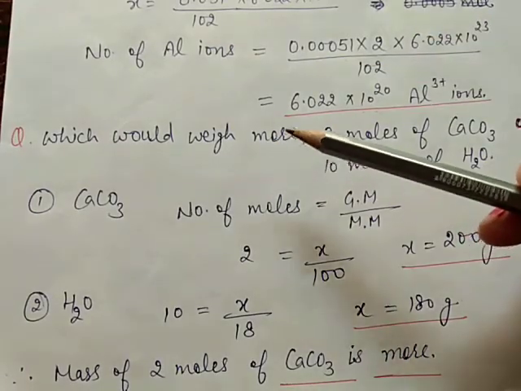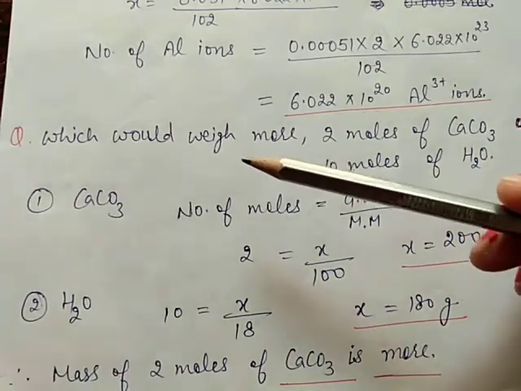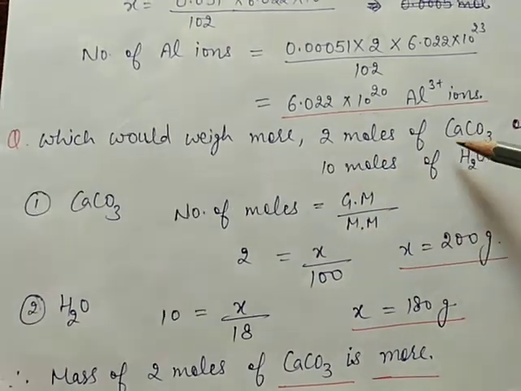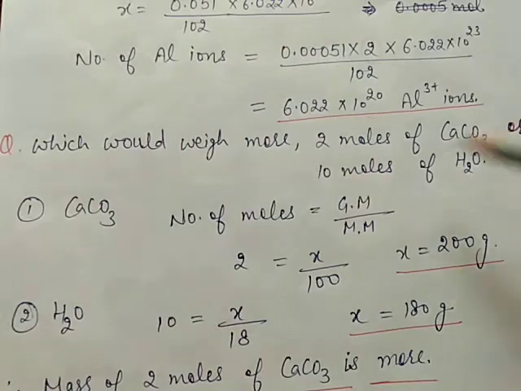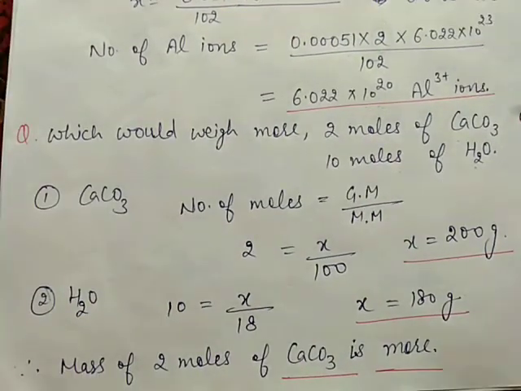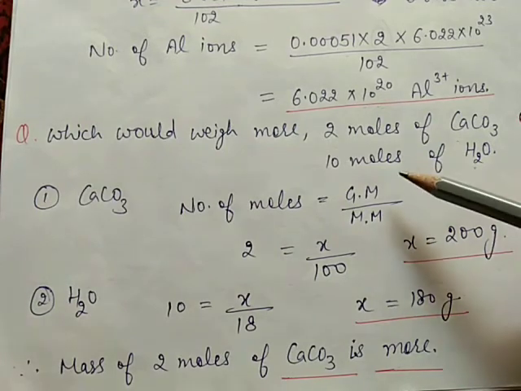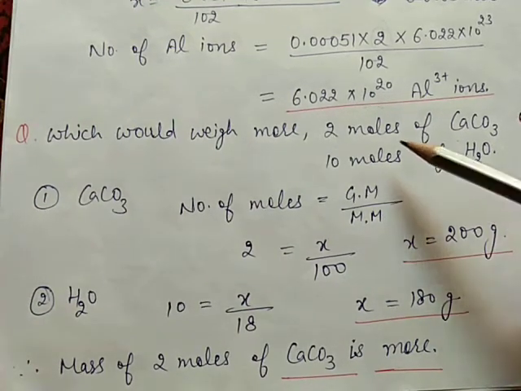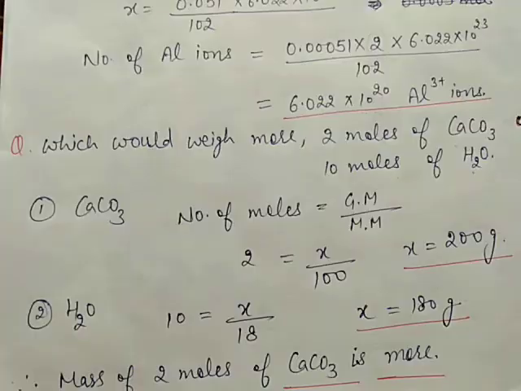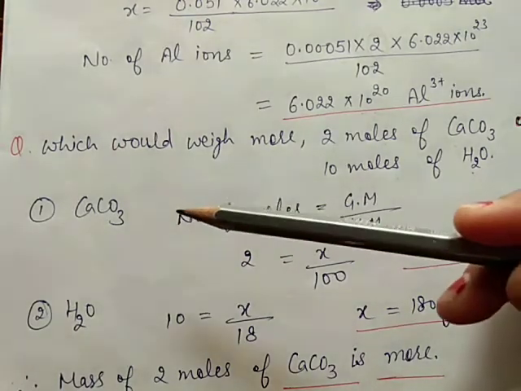Now the next question is, which would weigh more, 2 moles of CaCO3 or 10 moles of H2O? It means moles are given. So first we have to calculate the mass of CaCO3.